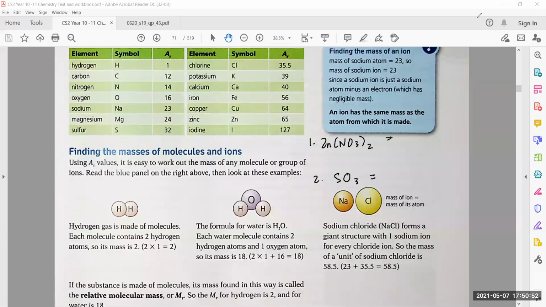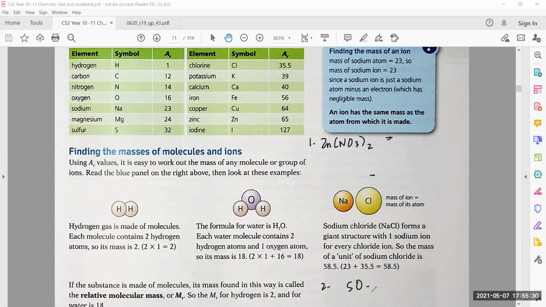So find the relative mass of zinc nitrate and find the relative mass of sulfur trioxide. Zinc nitrate, so we look at this. Sulfur trioxide, we write down here first.